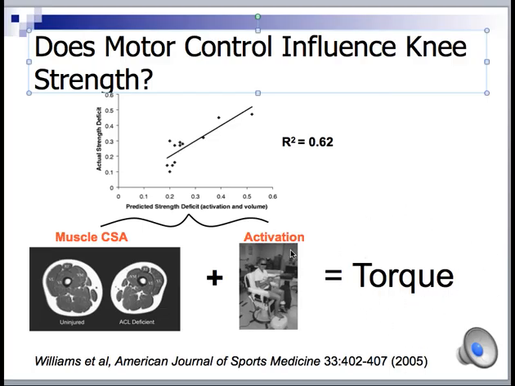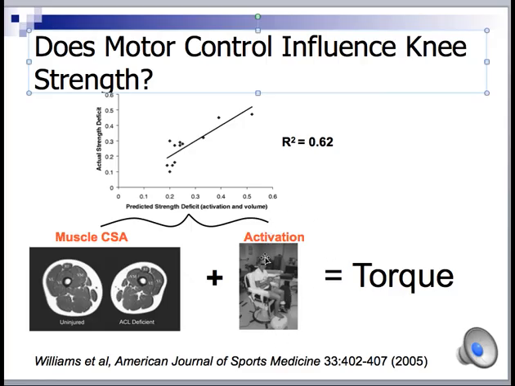But prior to adding activation, the correlation was quite weak, meaning that not only did the muscle atrophy vary between subjects, the ability of the person to really access their nervous system and drive the muscle with their nervous system also varied.